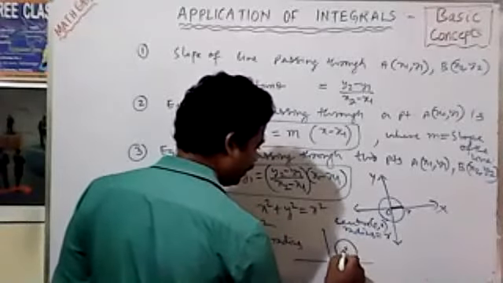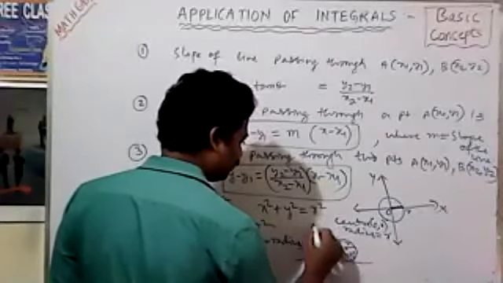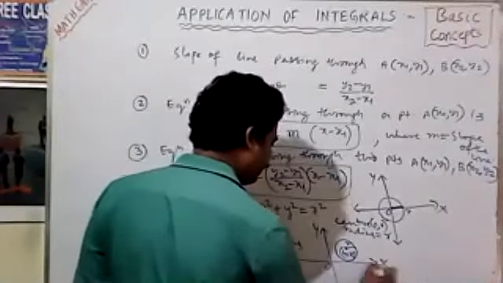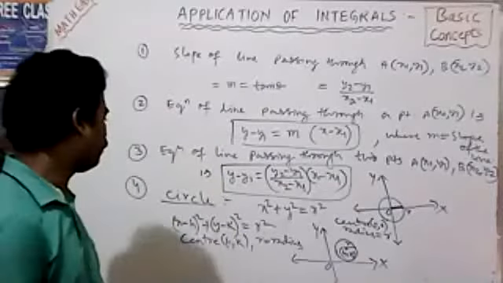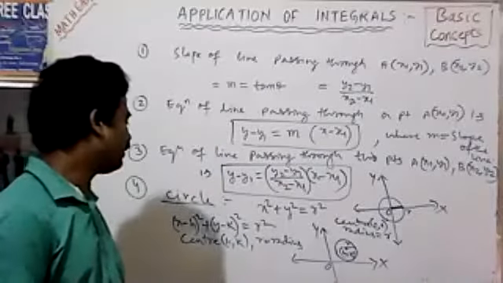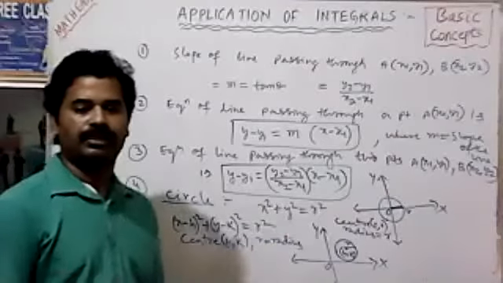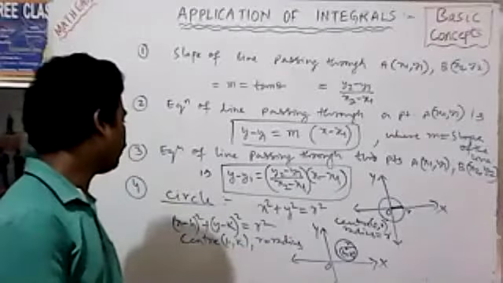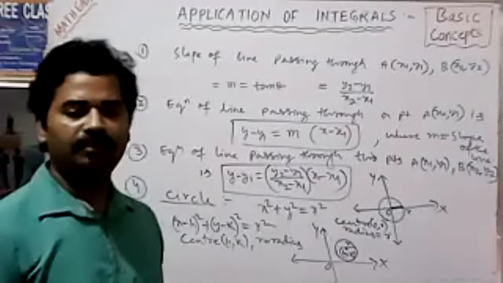So the equation of the circle with center (h, k) and radius r is (x minus h) whole square plus (y minus k) whole square is equal to r square. If you use this formula, you can also find the area.